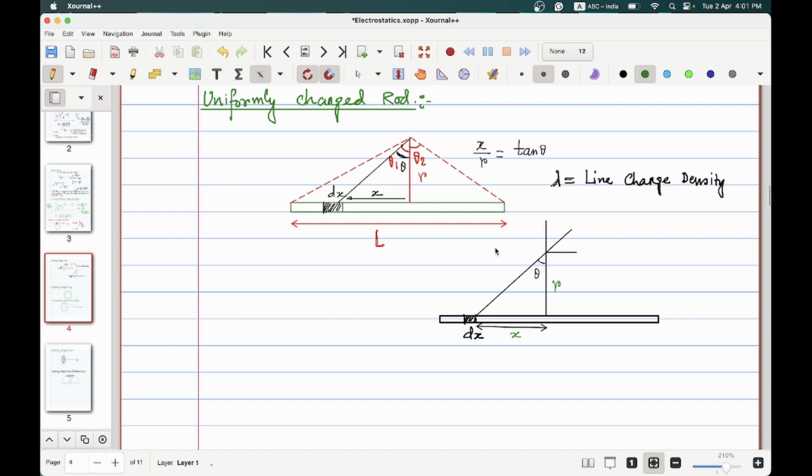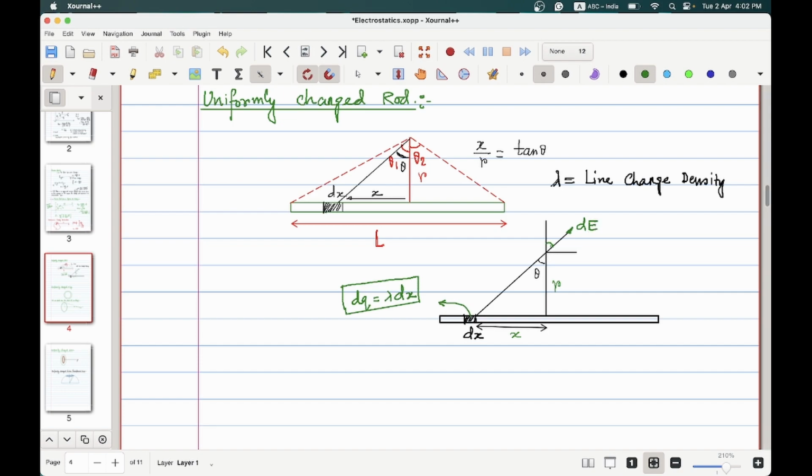So we can resolve the total electric field. The electric field due to dx is equivalent to the equivalent charge dq equals lambda dx. So this is dE.